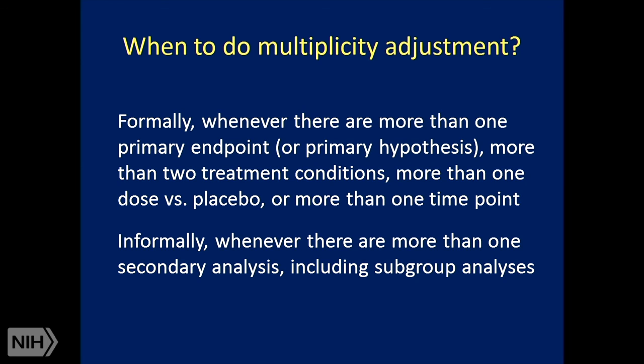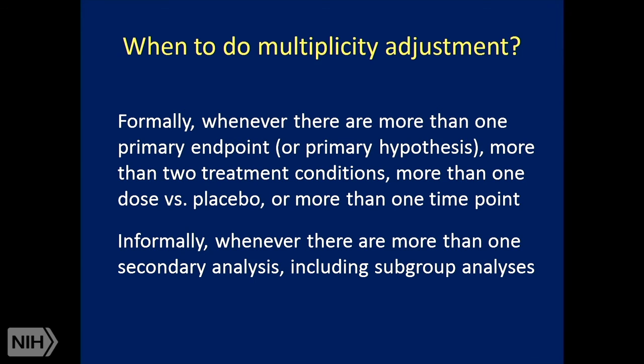So this is very informal. It's not calculated. You're just saying, I'm doing too many, so I'm going to make it harder on myself to claim statistical significance. But as we know, secondary analysis and subgroup analysis are not definitive answers, so that's why it's okay to do it informally.